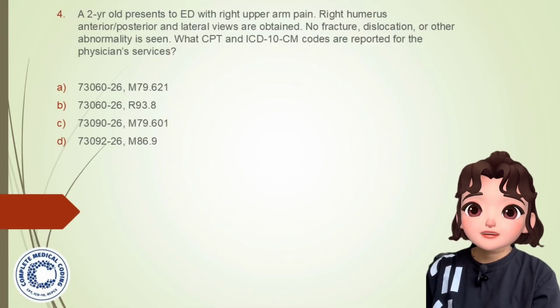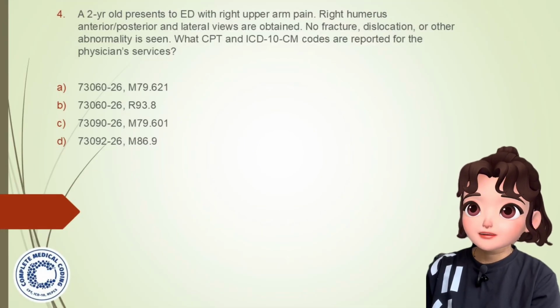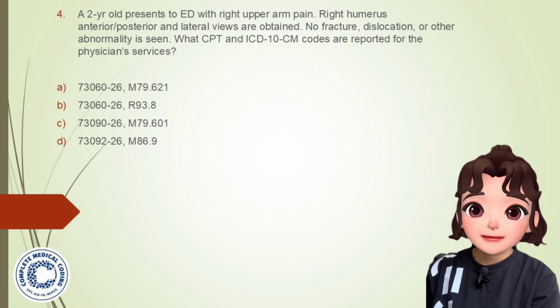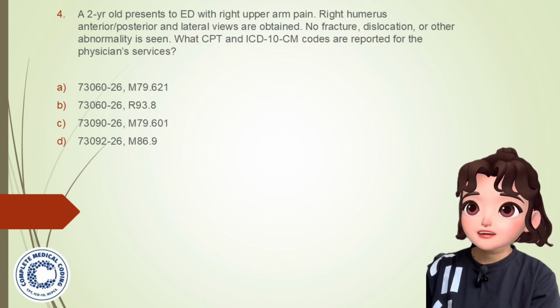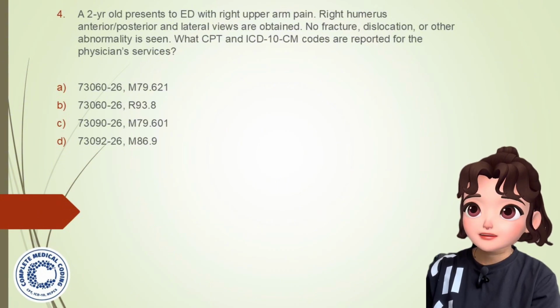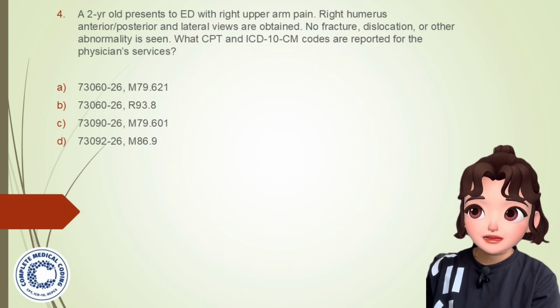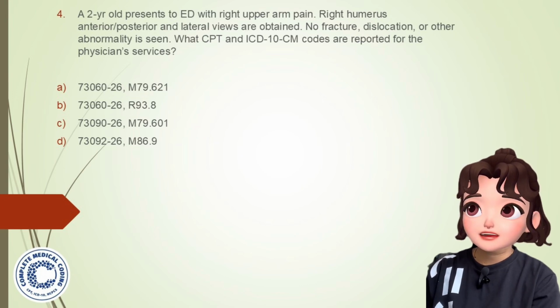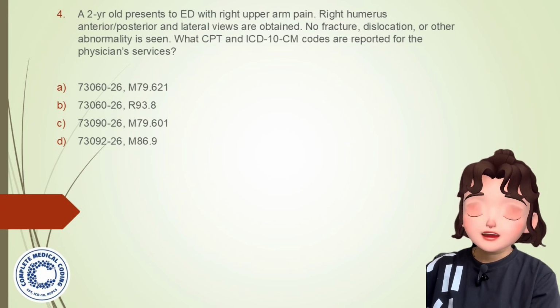Moving on to the fourth question. A 2-year-old presents to the emergency department with right upper arm pain. Right humerus anterior or posterior and lateral views are obtained. No fracture, dislocation or other abnormality is seen. What CPT and ICD-10-CM codes are reported for the physician services?